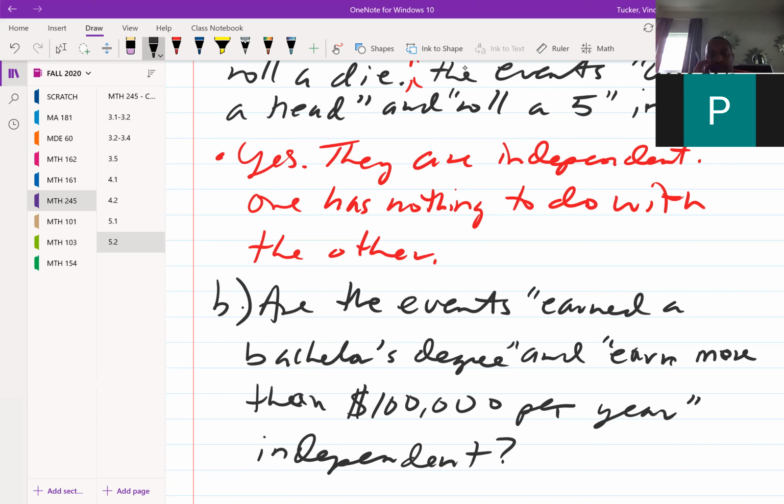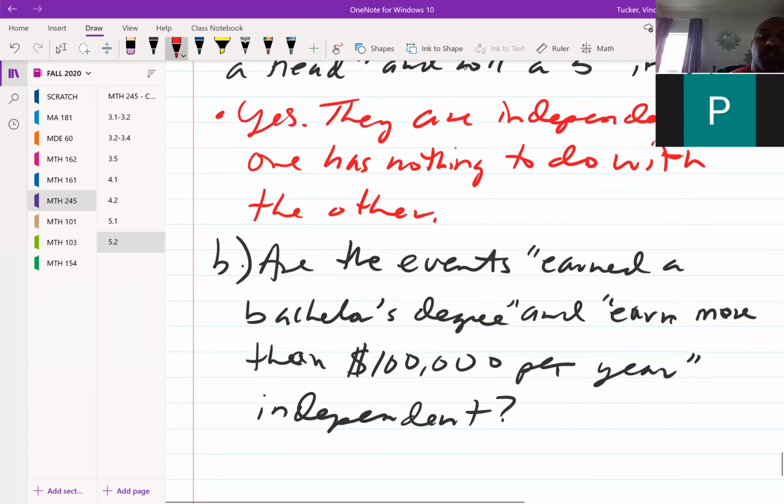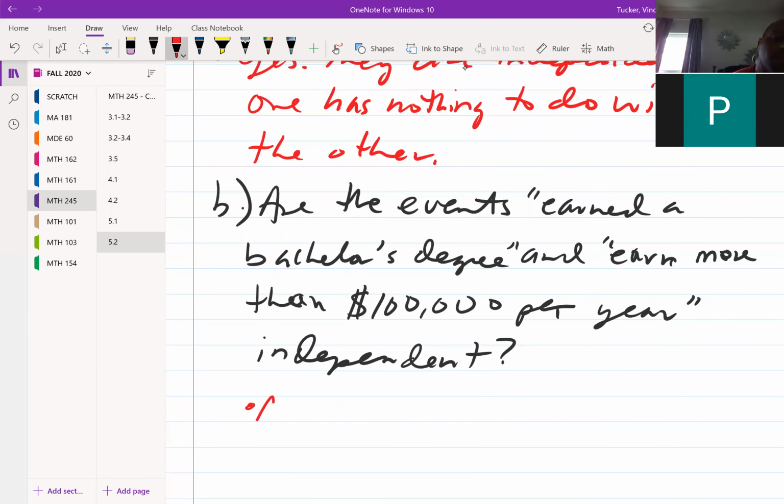All right, so the next one: the events earned a bachelor's degree and earn more than $100,000 per year. Independent? No, right?